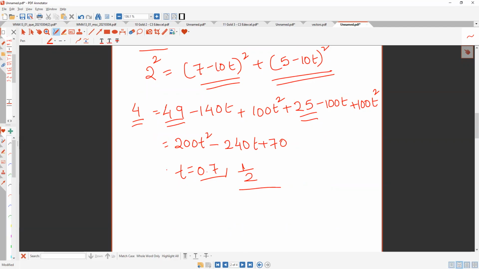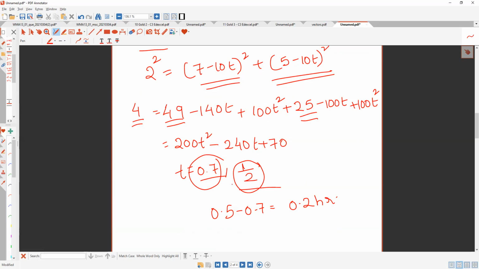That's 1.5 hours. So how long will you spend over here in tuition? 1.5 hours. So here also they were 2 kilometers apart at this point and also at this point. Subtract both of them, 0.7 minus 0.5. So that means for 0.2 hours they were at 2 kilometers from each other.